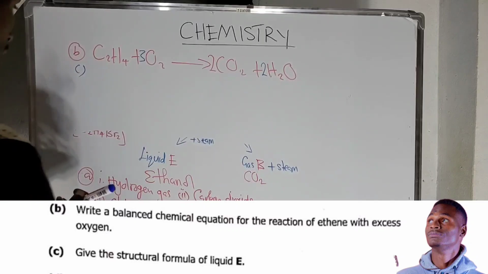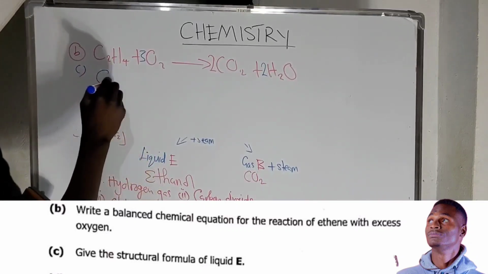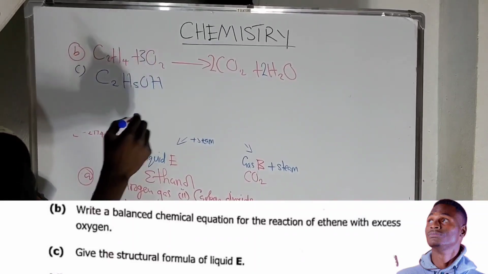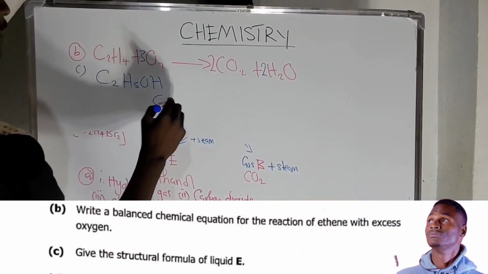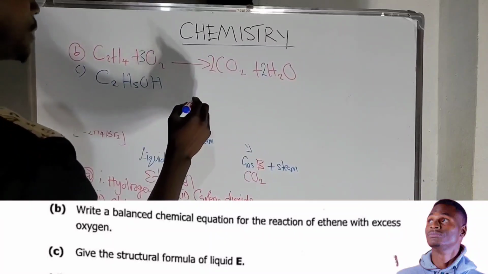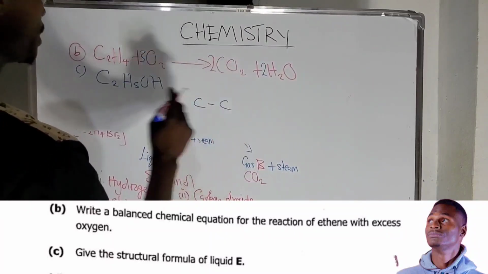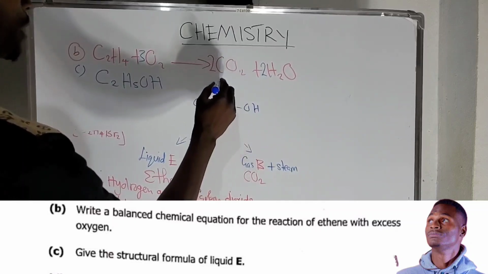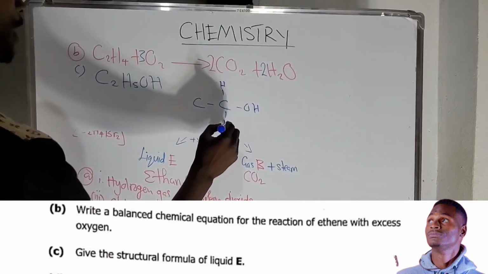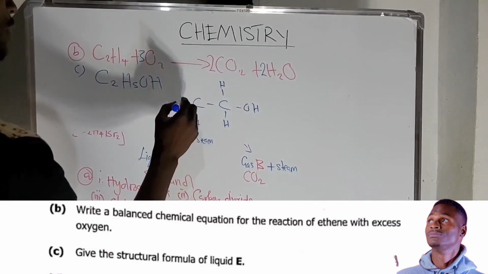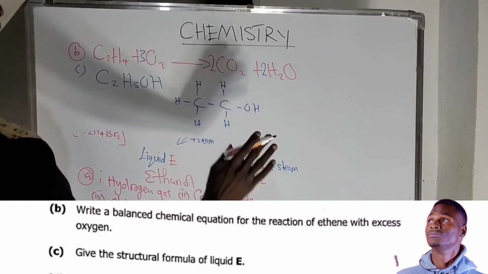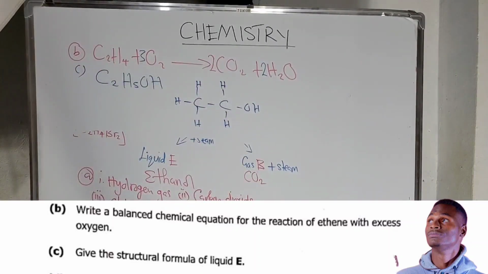First, the molecular formula is C2H5OH. So the structural formula will be C to C, 2 carbon atoms, OH, H here, another hydrogen atom, hydrogen atom, hydrogen atom. That's it. This is the answer to question C.